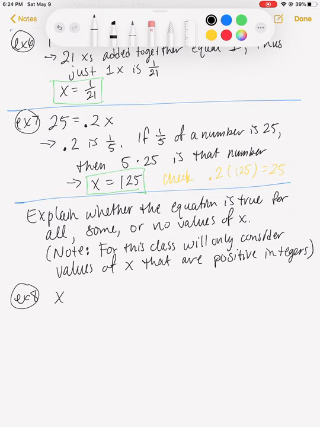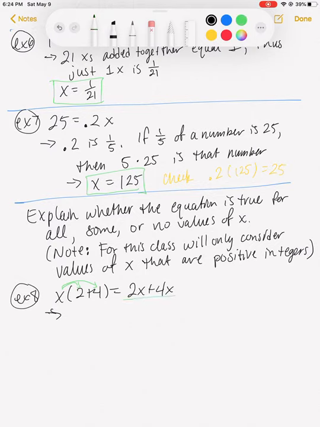We have the equation x times the quantity 2 plus 4 equals 2x plus 4x. Now, will this equation work for all, some, or no values of x? What we need to do is explain with some reasoning here. This one, as you notice, is the distributive property, where I took my x and multiplied the 2 and then the 4.